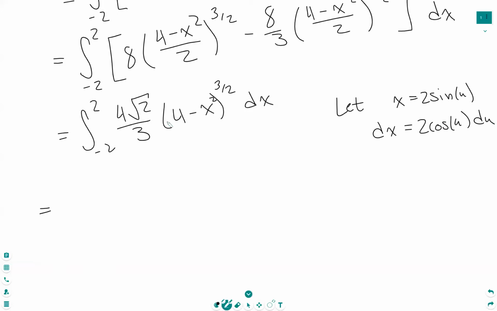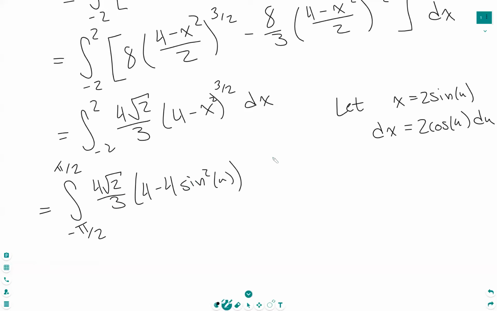So this integral then becomes negative pi over 2 to pi over 2 of 4 times root 2 over 3, 4 minus 4 sine squared of u to the 3/2 power times 2 cosine of u du.